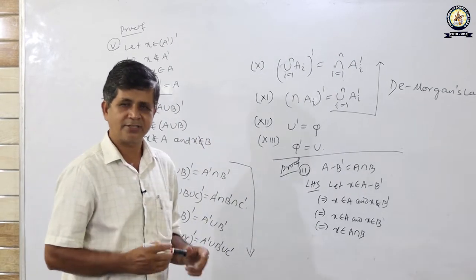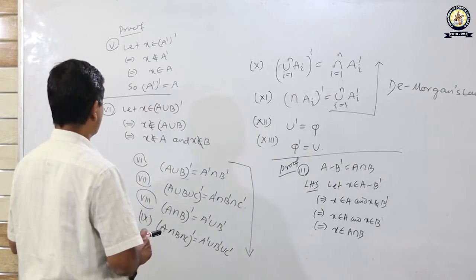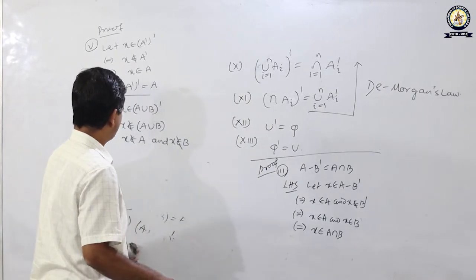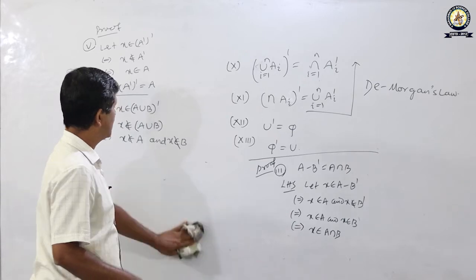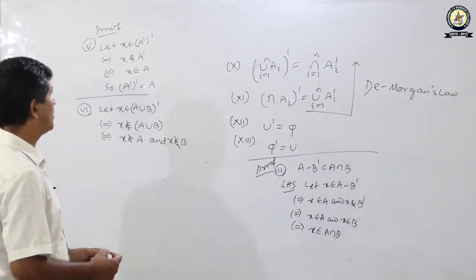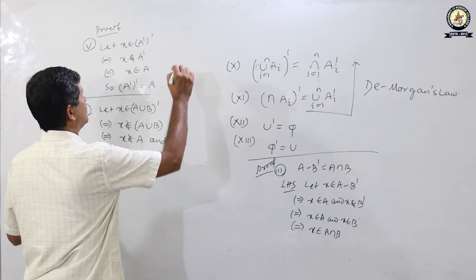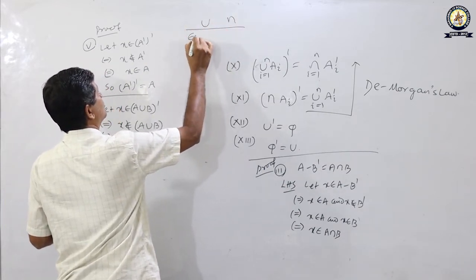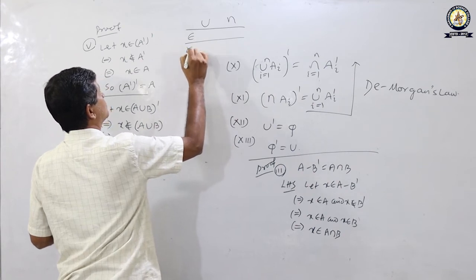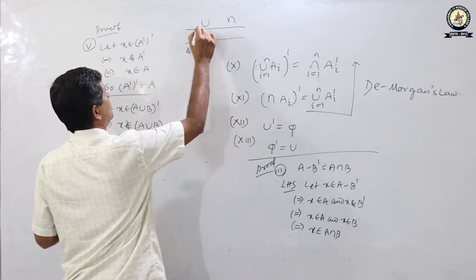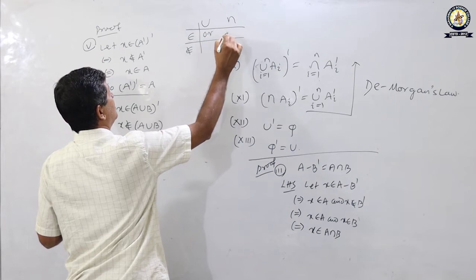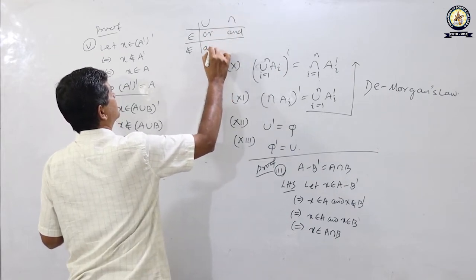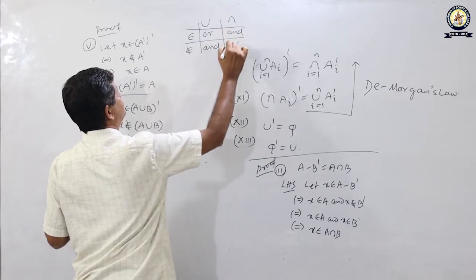Remember, students, that in case of does not belong to, the union symbol is for and, and intersection is for or. In case of belongs to, for union we write or, for intersection we write and; it is the reverse for does not belong to.